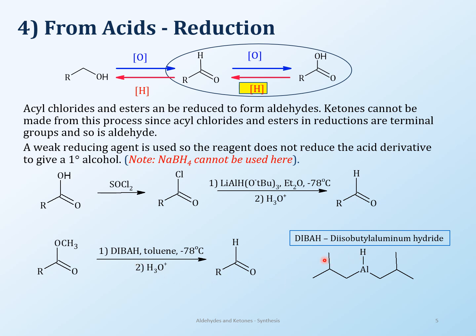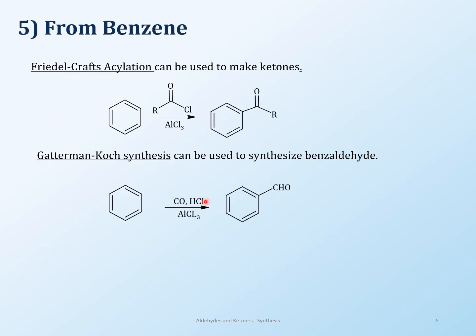Lots of alkyl groups turn down the potency of the hydride group, so it doesn't make it as strong. Lithium aluminum hydride would just straight up have 4 hydrides on there. So that's reduction of acids, but again, remember, this is only to make aldehydes, and not ketones.